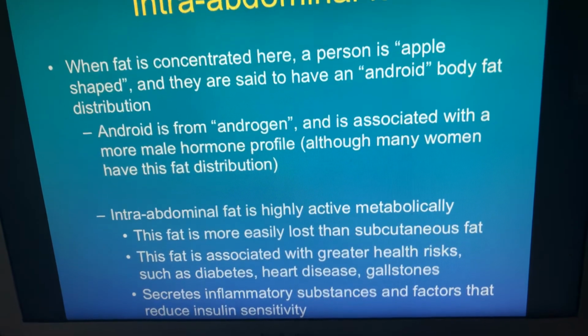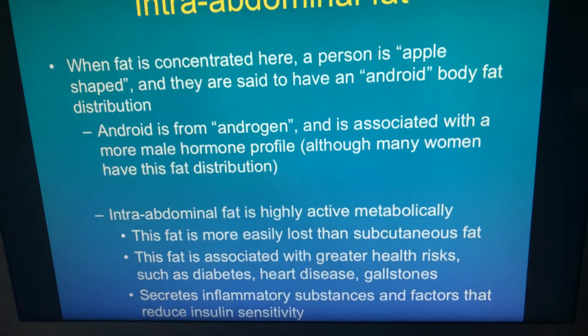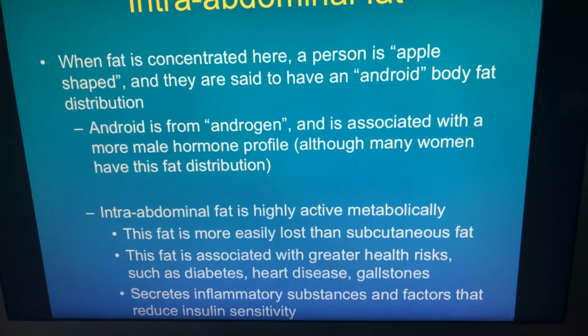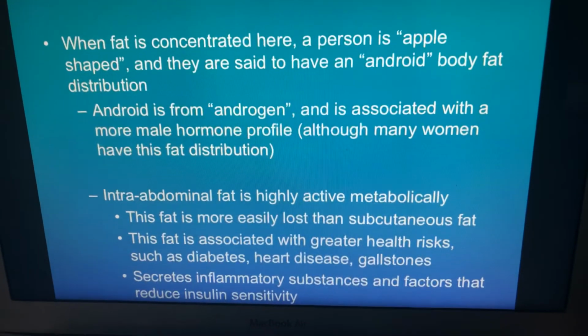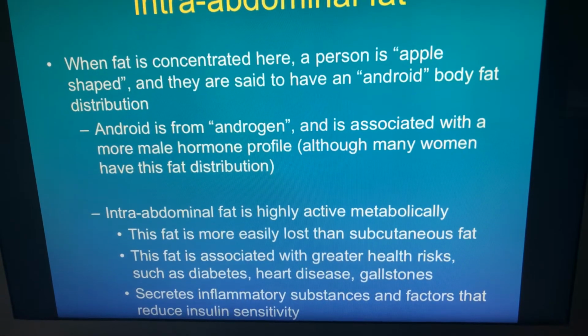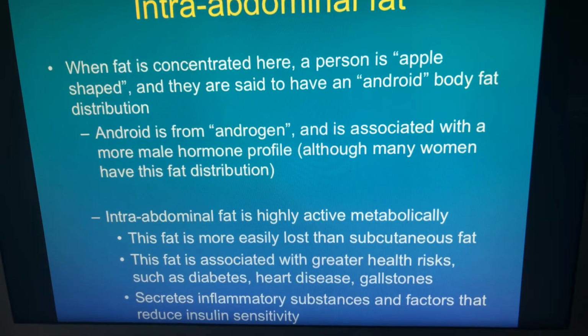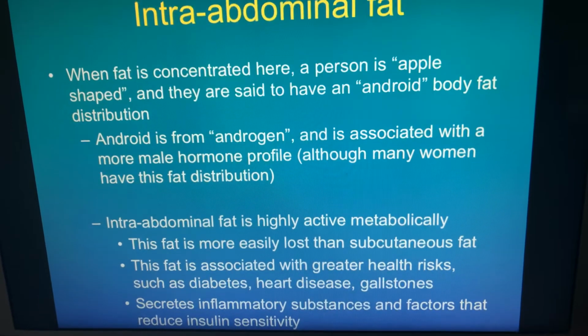The intra-abdominal fat is highly active metabolically, whereas the subcutaneous body fat is really just a storage depot. The intra-abdominal body fat, they say it's more easily lost than subcutaneous body fat, but people with that intra-abdominal fat depot may say otherwise.